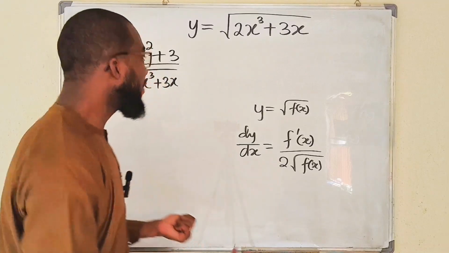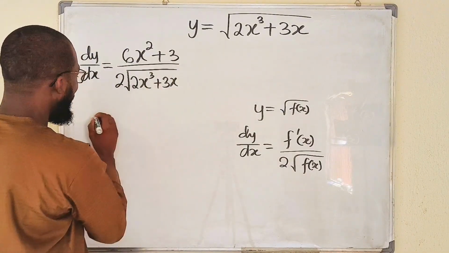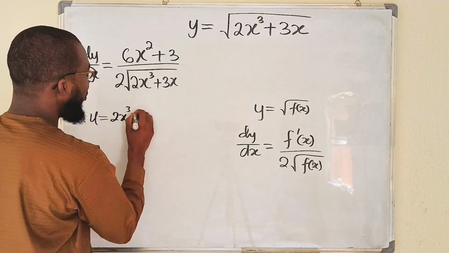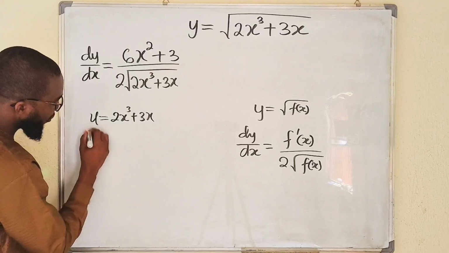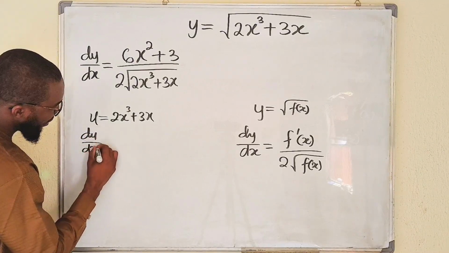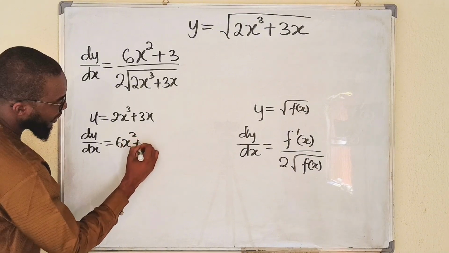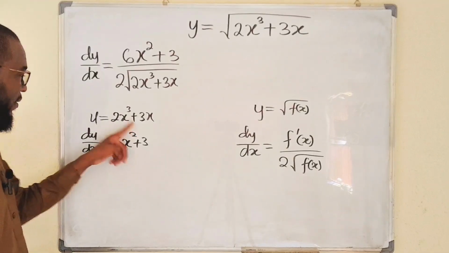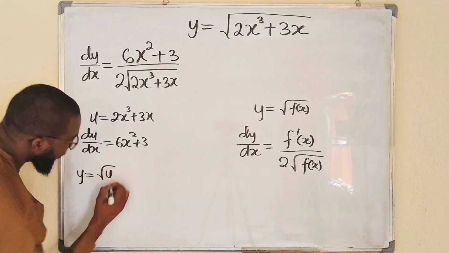But do you know where we got this formula? Maybe if you want to apply it, let me just give you a recap. You can let the whole inner function be u, that is 2x cubed plus 3x. Then you differentiate this with respect to x, you have du over dx equal to 6x squared plus 3. Then since you have let this be equal to u, y will be equal to the square root of u, right?